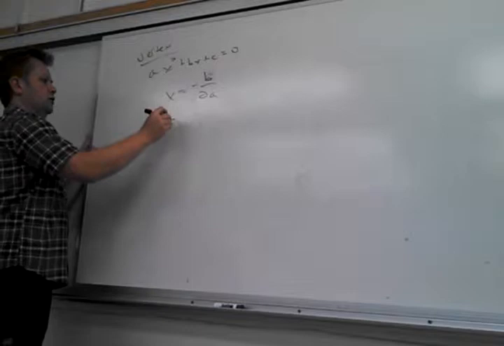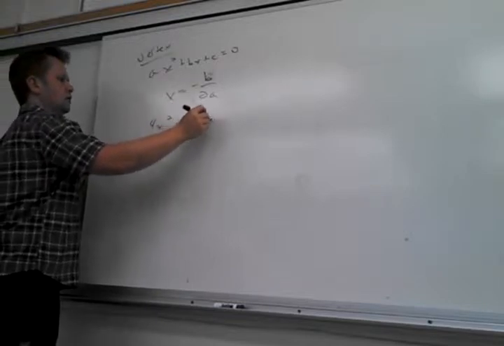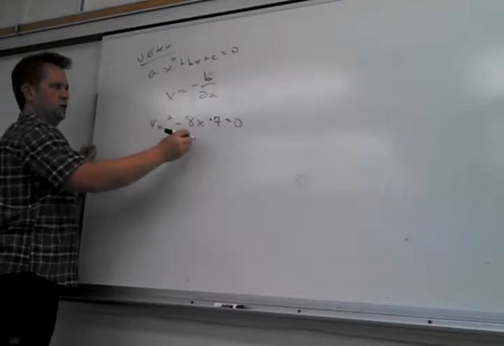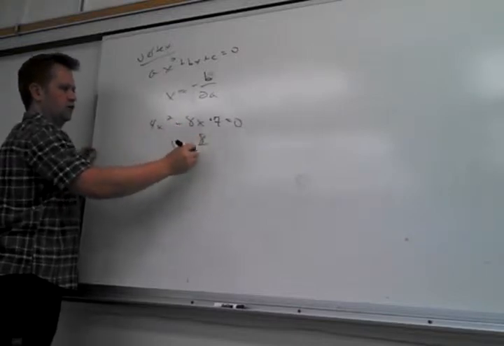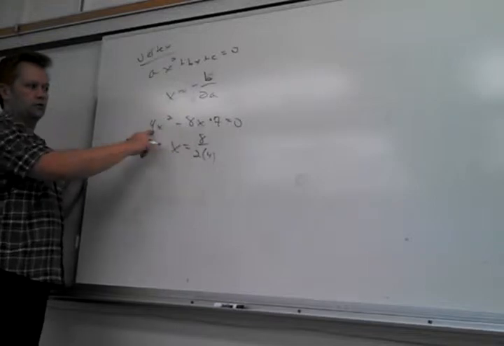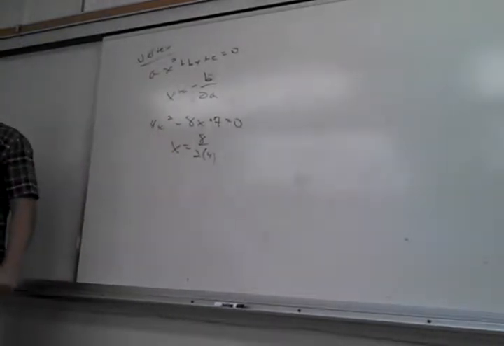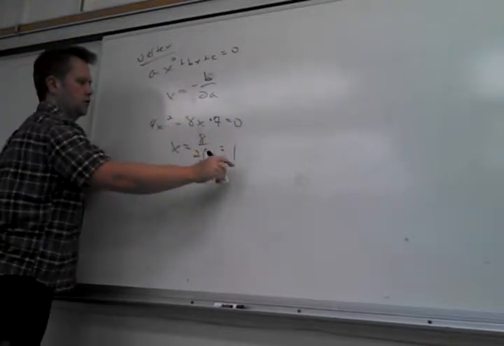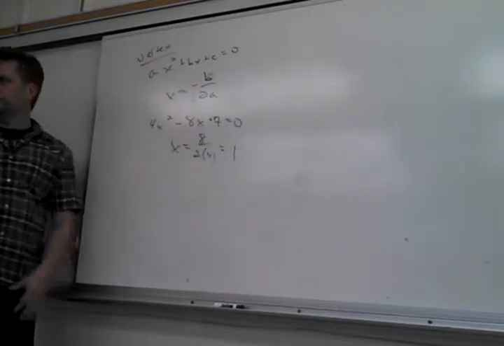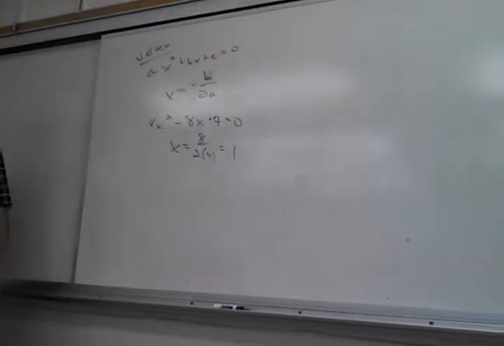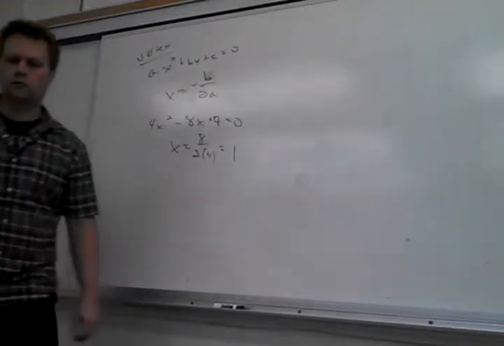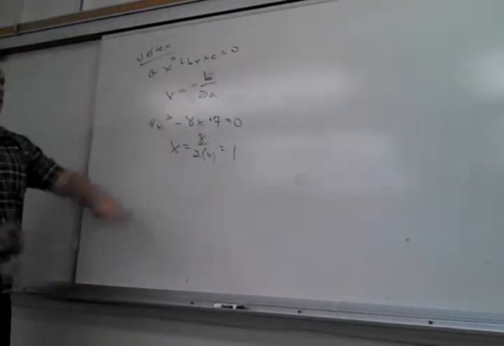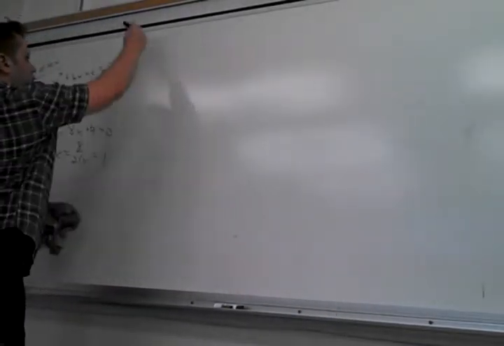So if it was 4x squared minus 8x plus 7 equals 0, the x piece of the vertex would be negative negative 8 over twice 4, which is 1. Then you put that 1 back in to get the y piece. So that would be 4 minus 8 plus 7, which is 3.